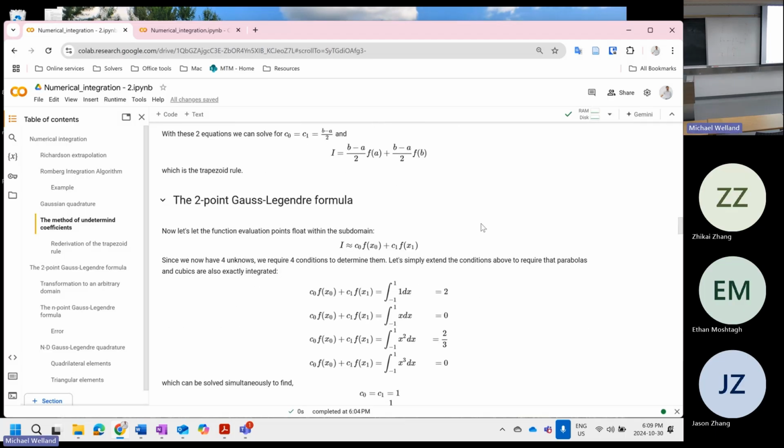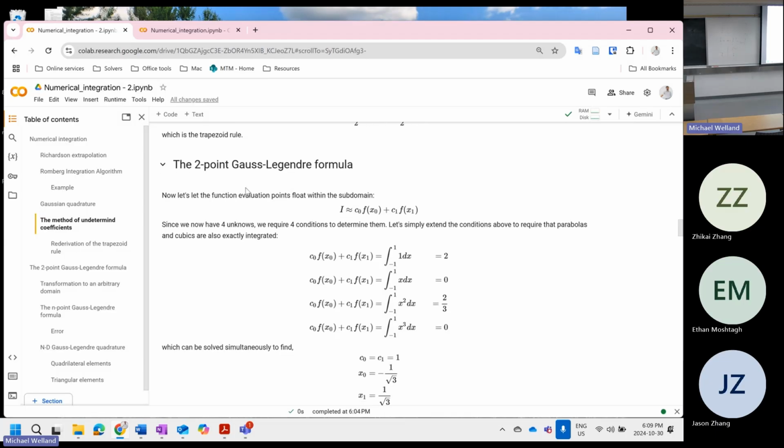Okay, let's take this a step further. Let's say that we still have the same form, right? Constant 0, 1, function at x0, function at x1. Now let's let x0 and x1 float in that domain. And let's require, since we have 4 unknowns, C0, C1, x0, x1, what do we need to fix? 4 equations, 4 unknowns, 4 equations, right?